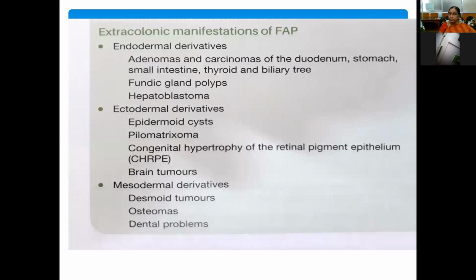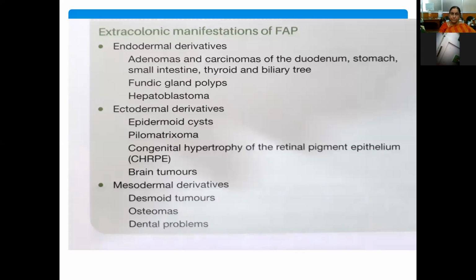These are the extracolonic manifestations of FAP, which are divided into three categories depending upon the derivatives that come from either endoderm, ectoderm or mesoderm. The manifestations of FAP in endodermal derivatives include adenomas and carcinomas of the duodenum, stomach, small intestine, thyroid, and biliary tree. Sometimes there may be fundic gland polyps also, or hepatoblastoma.